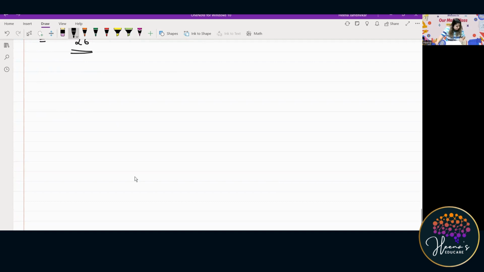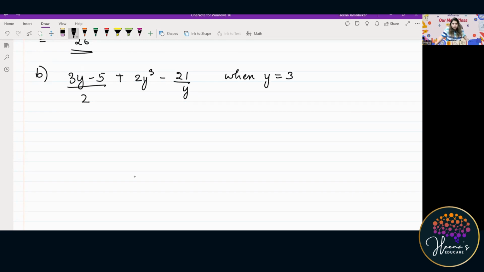Let's move on to the next sum. You have 3y minus 5 upon 2 plus 2y cube minus 21 upon y, and when your y is equal to 3. So 3 into 3 minus 5 upon 2 plus 2 into 3 cube minus 21 upon 3.